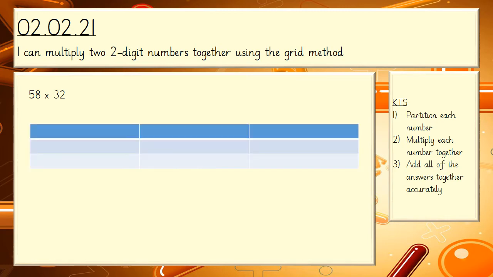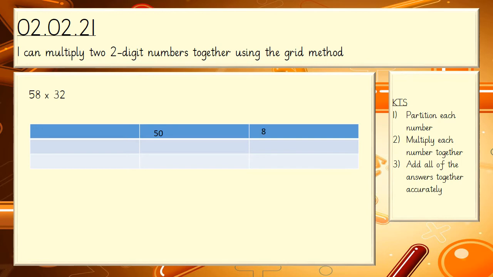So first of all, I'm going to draw out that table like I've got here. Now, partition both numbers. So what would 58 partition to? What two numbers added together make 58? 50 and 8.